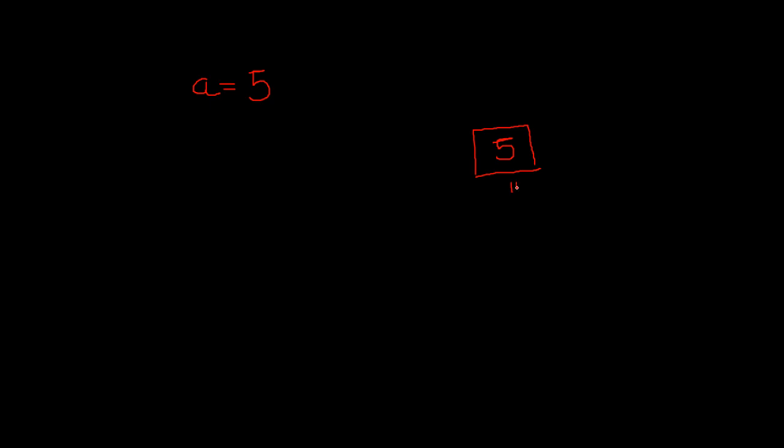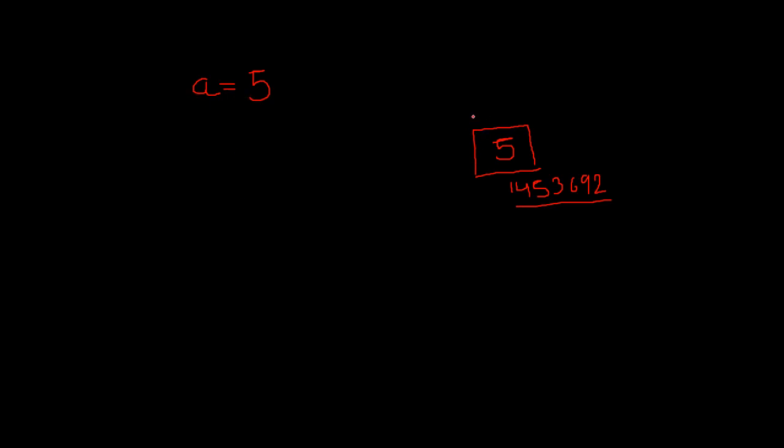Suppose the address of this area is 145, suppose 3692. Suppose this is basically the address of this area. So when we write a is equal to 5, what happened?